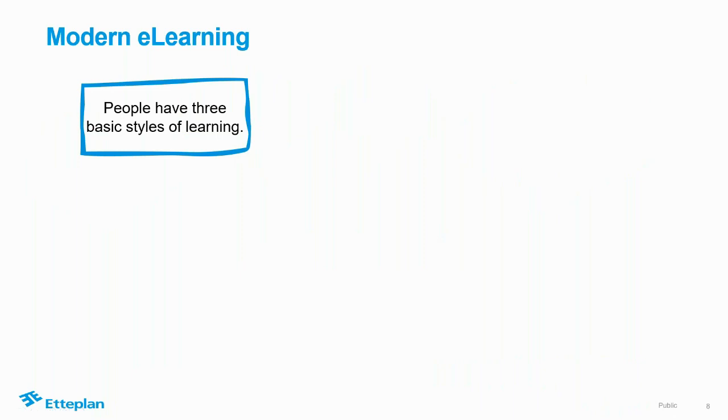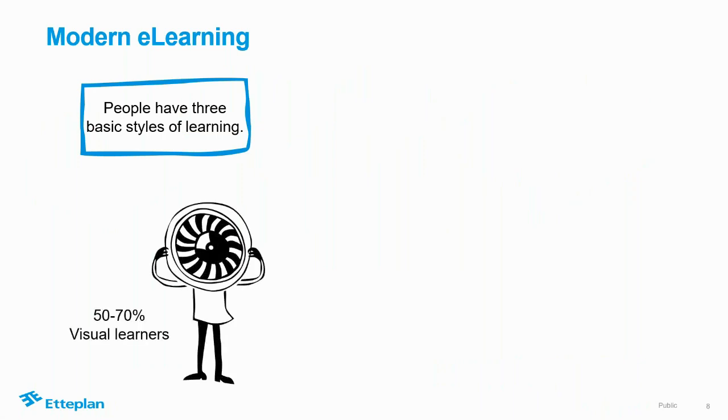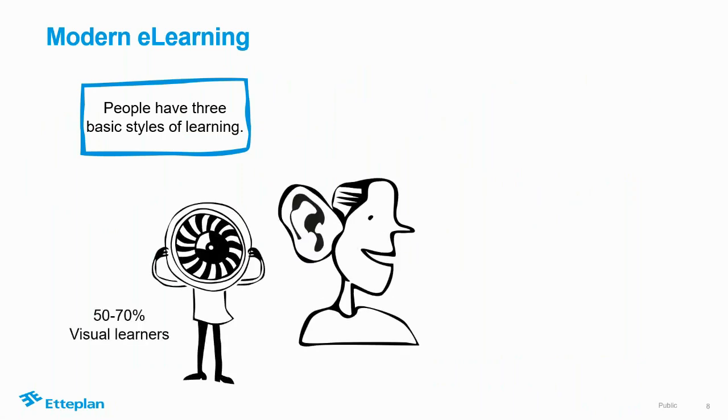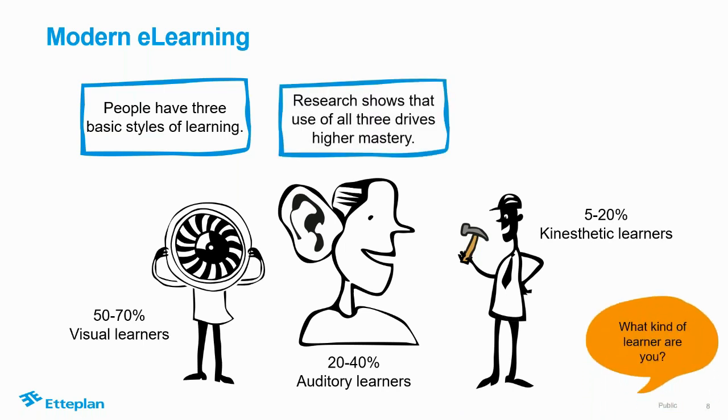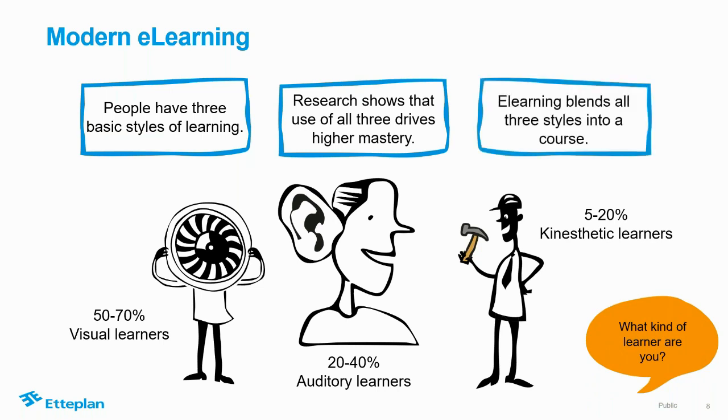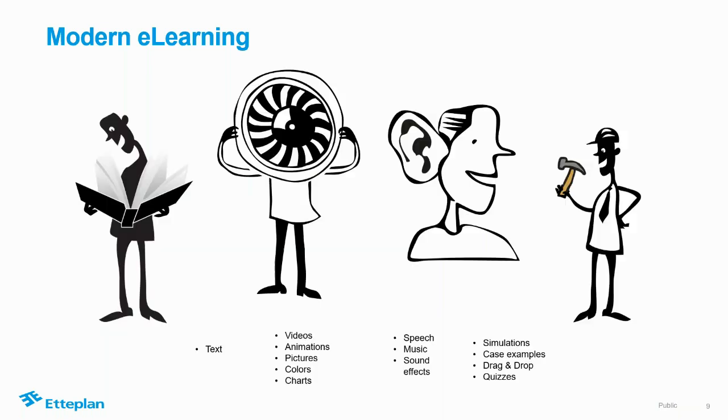People have three basic styles of learning: visual learners, auditory learners, kinesthetic learners. Research shows that use of all three drives higher mastery in learning. E-learning blends all three styles into a course.